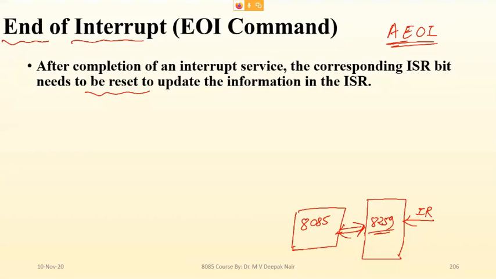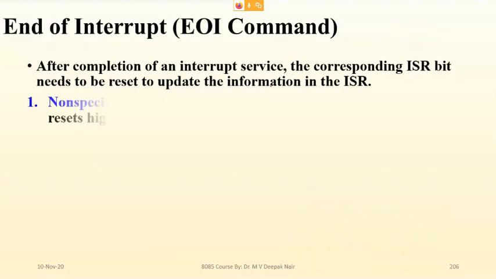So after serving the interrupt, the 8085 has to inform the 8259 that it has completed the interrupt. The ISR bit was set, so it needs to be reset, and that is done by your EOI.